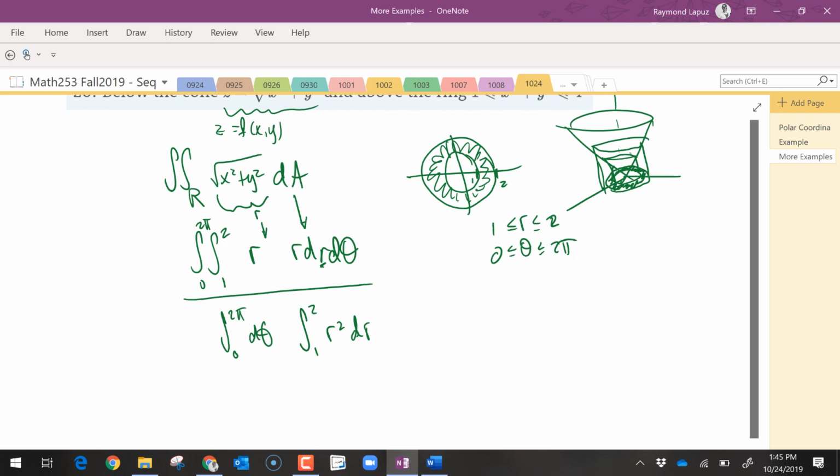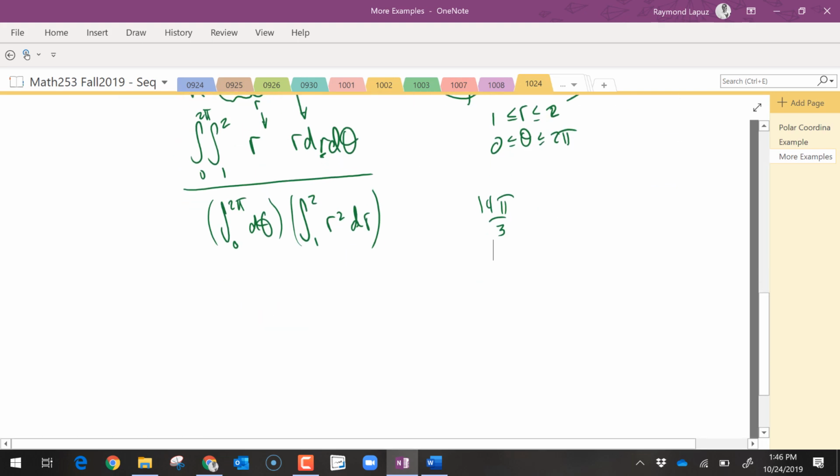Yay. Yeah, 14 pi over 3. See? Simple enough, you could do it in your head. Maybe not. You just work it out anyways. Theta from 0 to 2 pi, r cubed over 3 from 1 to 2. Okay. Good.